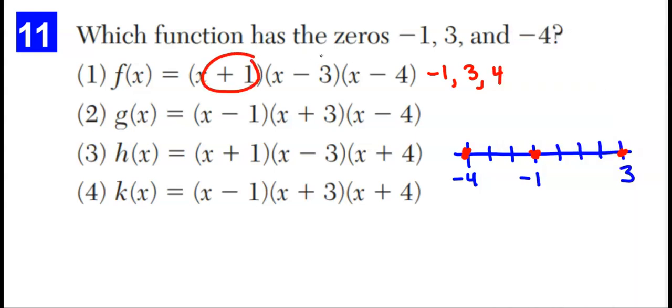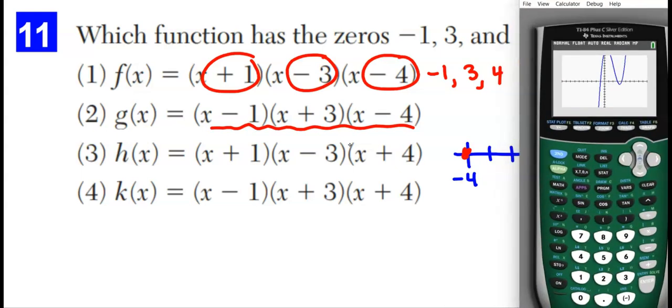What do you notice about the original equation? Are you picking up on a pattern here? Maybe you can predict what you think the zeros will be for option 2. While you're thinking, I'll change my equation here to have a negative 1. Whoops, I need a subtraction sign here.